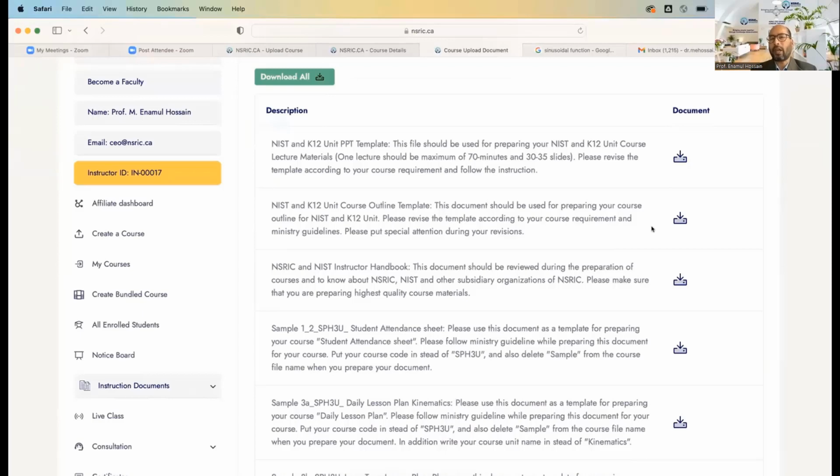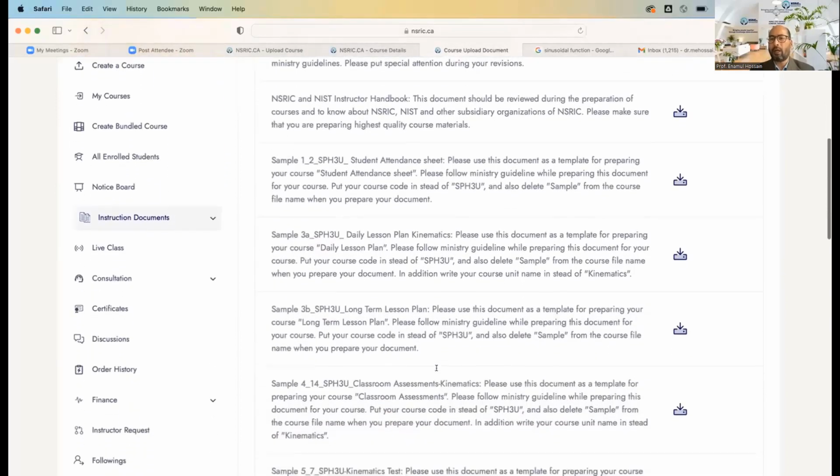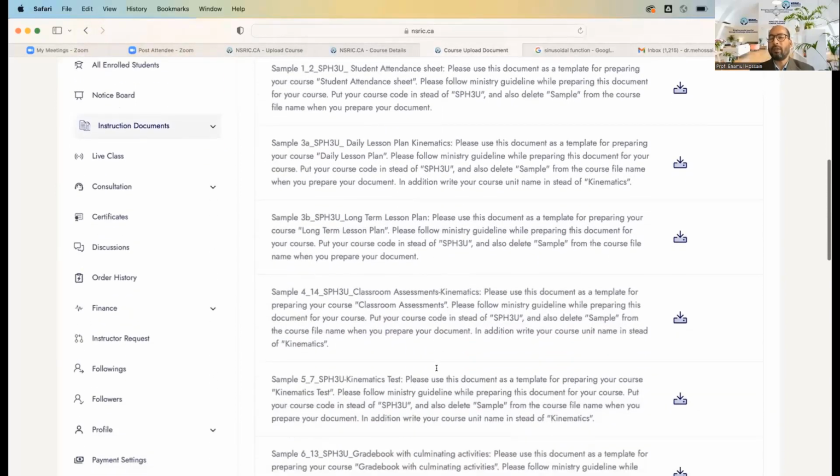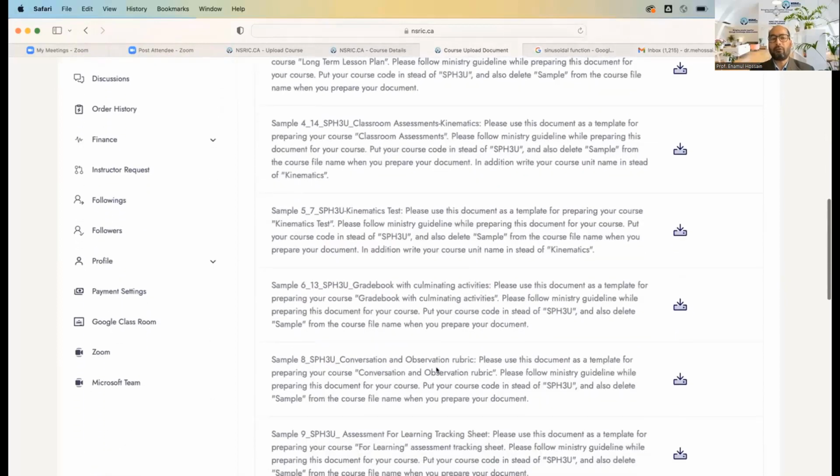At the end of the day, after completion of your course, you should prepare all these documents for the ministry, and it would be going to the ministry as a binder. The word the ministry uses is course binder. So whatever course you are going to teach, all these documents will be filled and prepared ahead of time by yourself for the ministry.